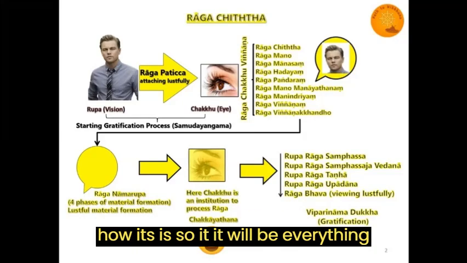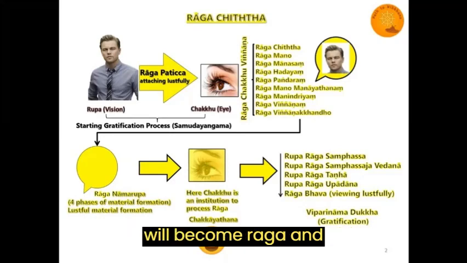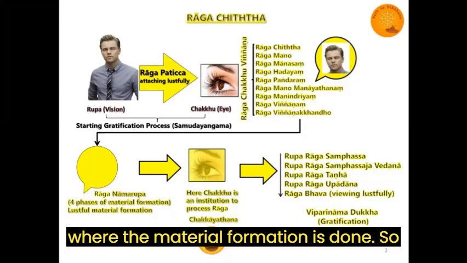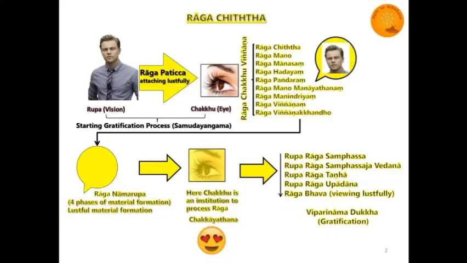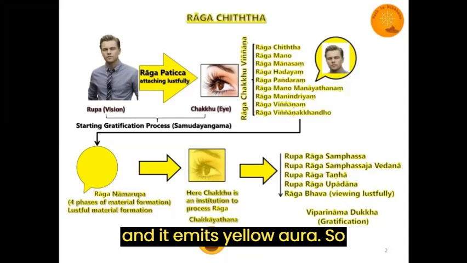So everything will become raga now. And then it comes to the raga nama rupa. So this is where the material formation is done. It is lustful material formation, and it emits yellow aura. So that's how the yellow aura is emitted, right?